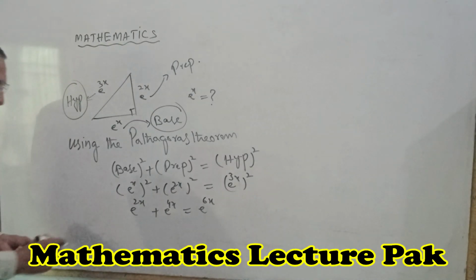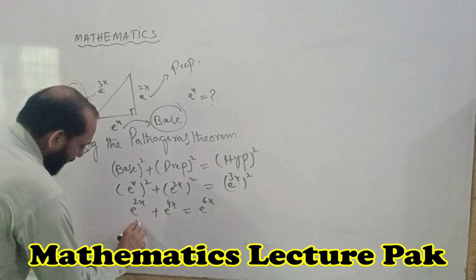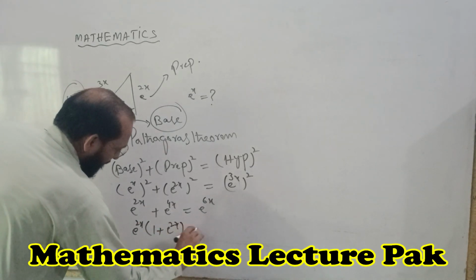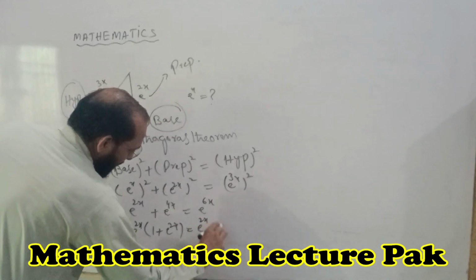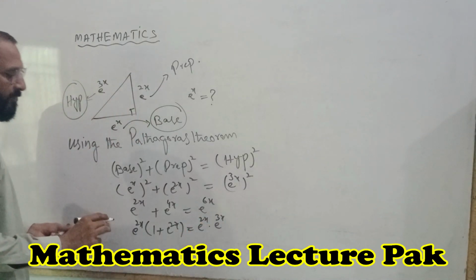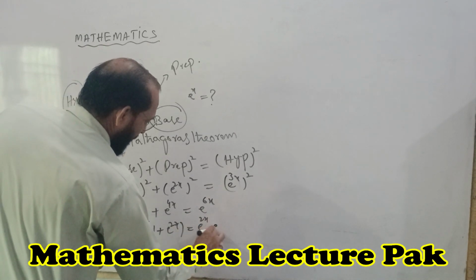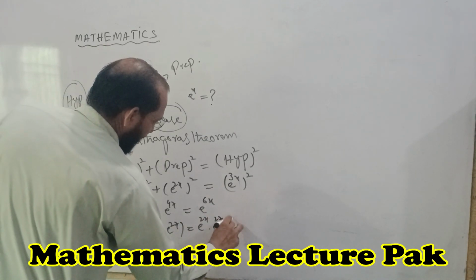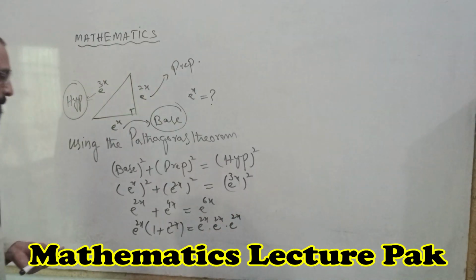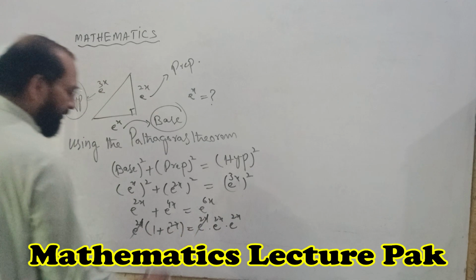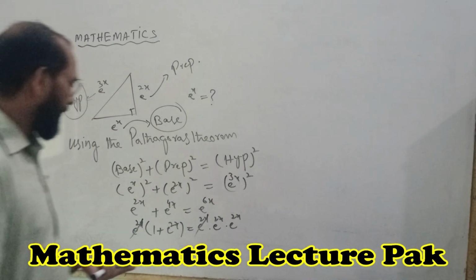Now we take e^(2x) common on both sides, and this will be cancelled.